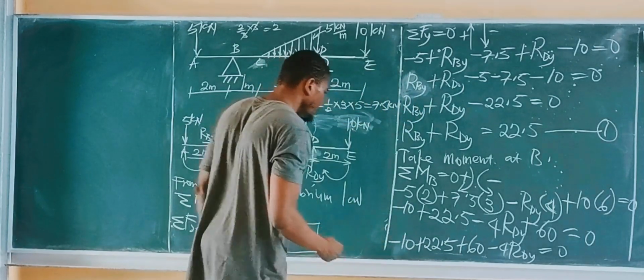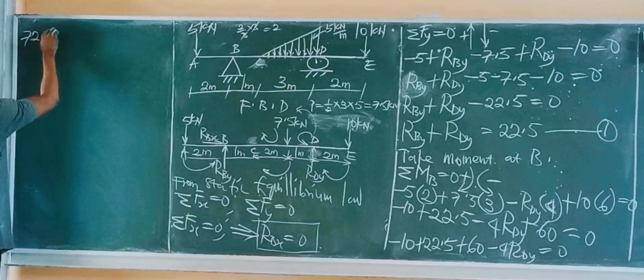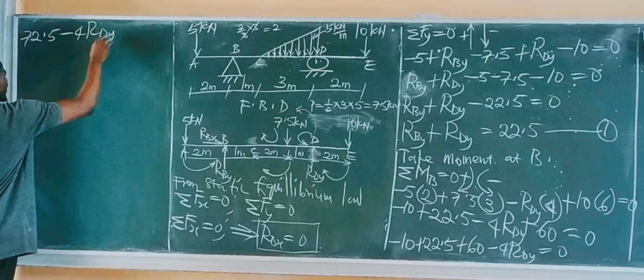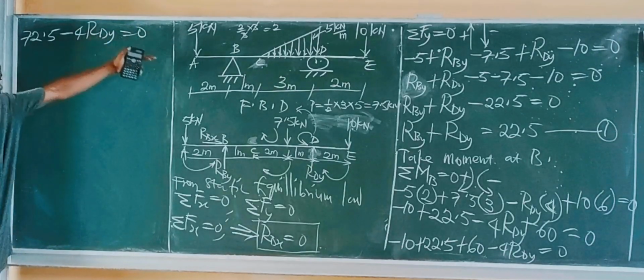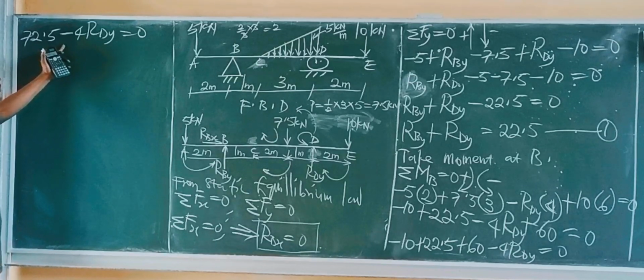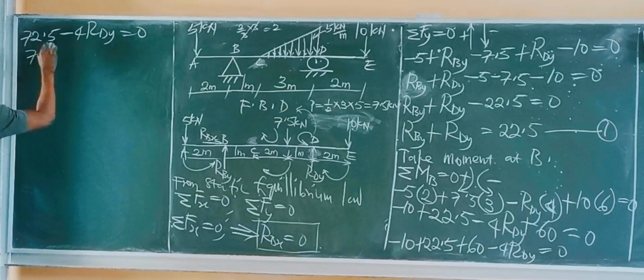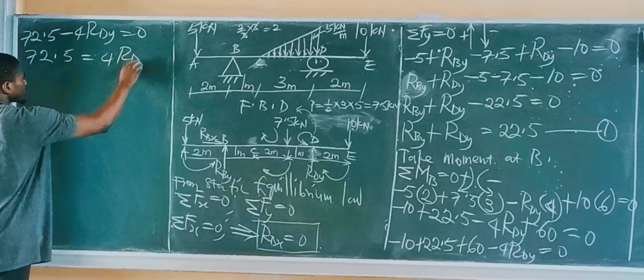So you have 72.5 minus 4 RBY equals 0. Let's send minus 4 RBY over to the other side. Negative sign, equal sign becomes positive. So we have 72.5 equal to 4 RBY.